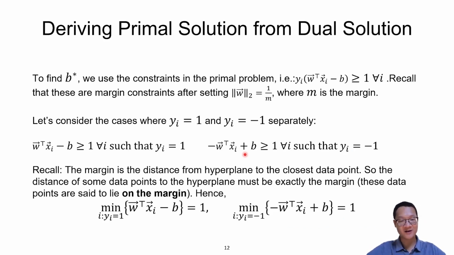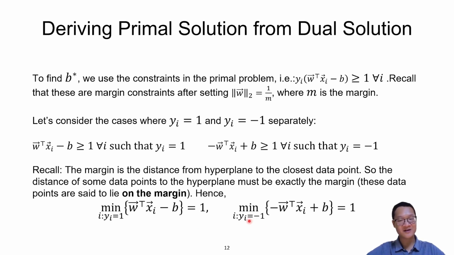So using this interpretation, we can write down that the minimum of w transpose xi minus b over all the data points must be equal to 1, because the data points with the minimum distance to the hyperplane must have a distance of exactly the margin.